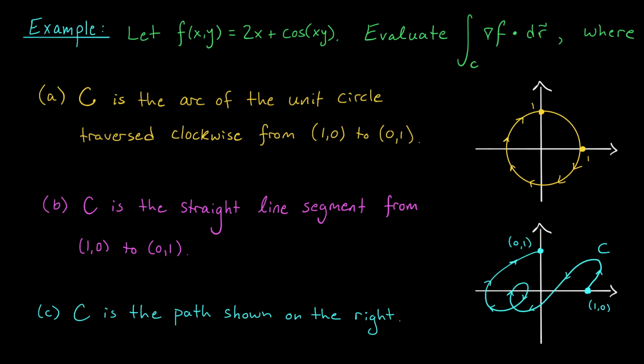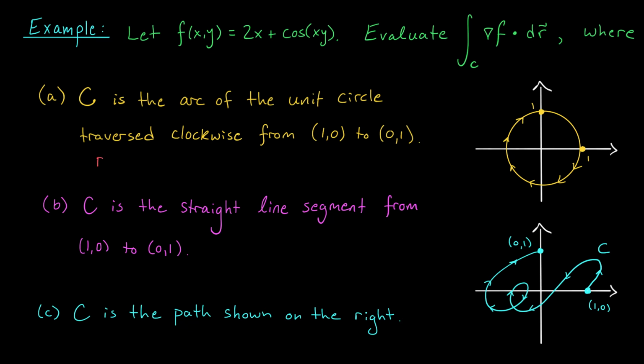Now I could look for a parametrization. I could use the definition of a line integral, but why bother? The fundamental theorem says that since this vector field is conservative, right, it's the gradient of some little f, then we can evaluate the line integral by simply plugging in the final point to f, plugging in the initial point to f, and taking the difference.